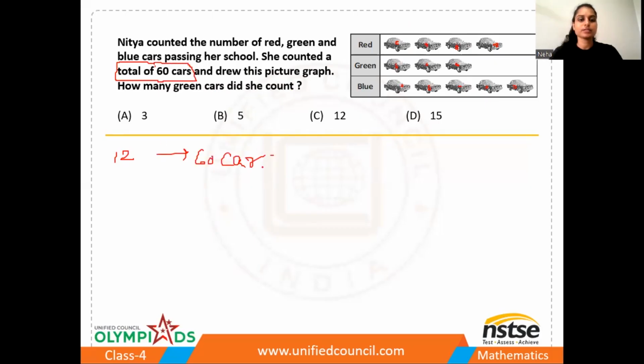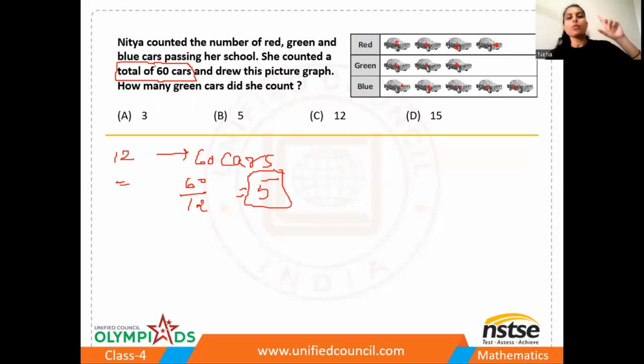But she counted a total of 60 cards. So 60 divided by 12, it is what? This is 5, right? That means in the picture graph, she is showing 1 card for 5 cards. She draws only 1 card when she counts 5 cards, correct? So now the question is asking how many green cards she counted.